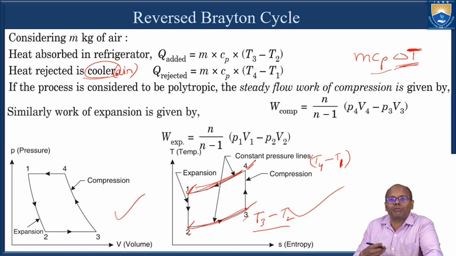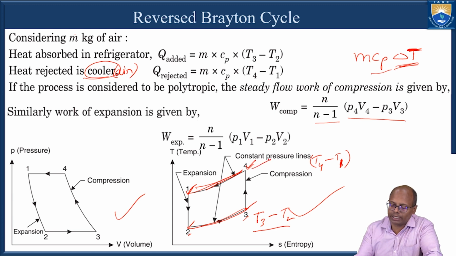Now what is the work done process? The work done is given by n by n minus 1 into PV outlet minus PV inlet. So what is this pressure and volume? It is the pressure and volume at the outlet of the compressor minus the pressure and volume at the inlet of the compressor.